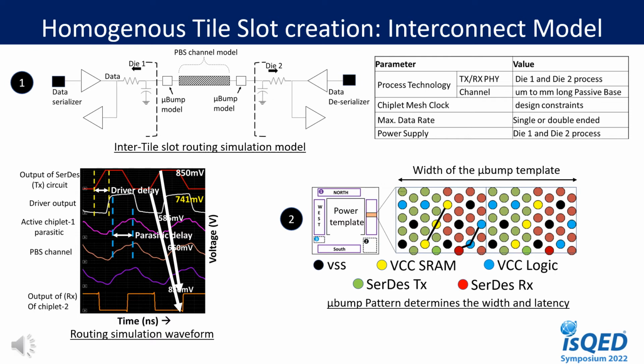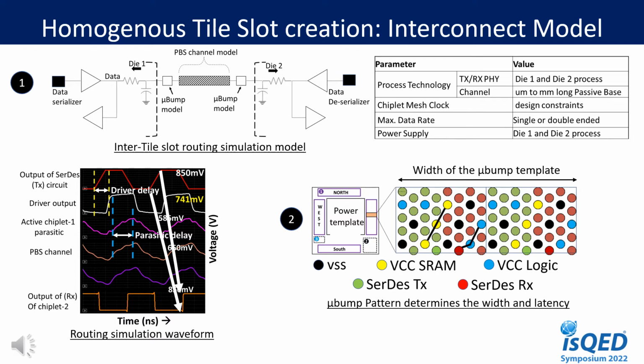And then we created an individual or unit pattern of transmitter microbumps, receiver microbumps, and we sprinkled VCC logic, VCC SRAM, multiple power rails, grounds, signals based on, of course, IR drop requirement and other considerations. And we arrayed this unit template to form different regions of a tile slot.